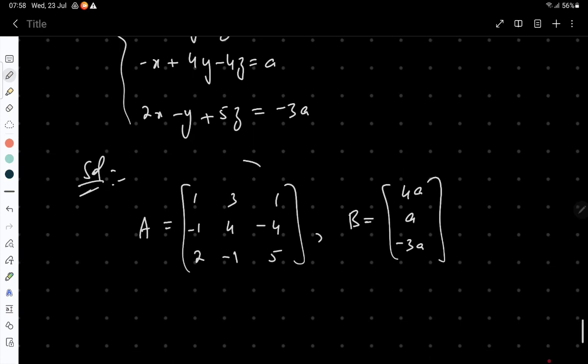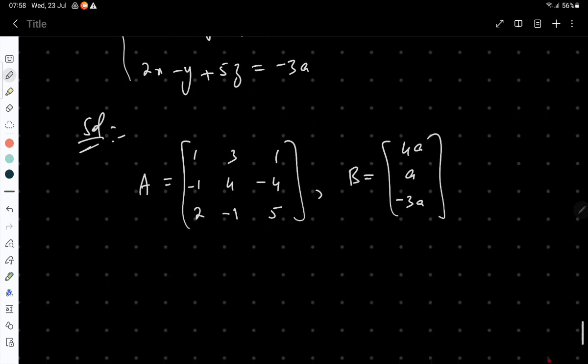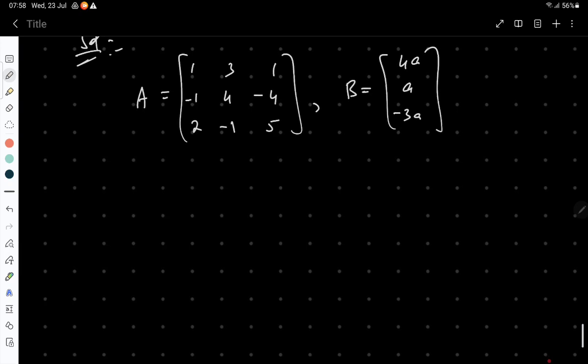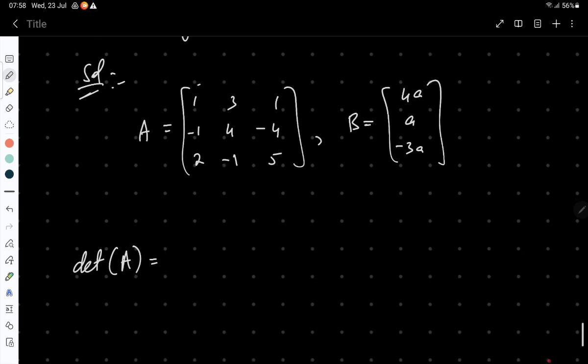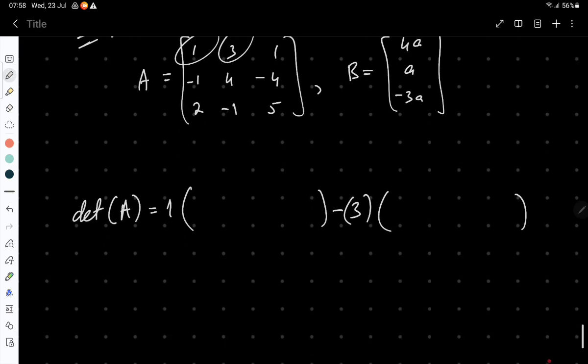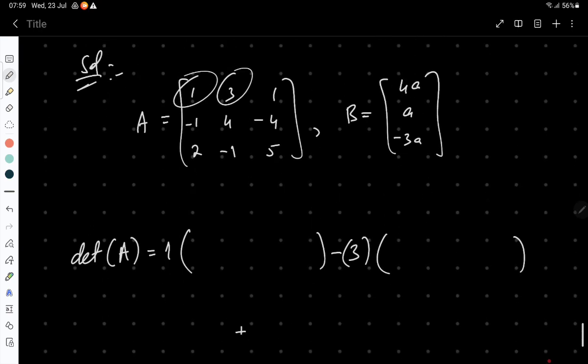So I will check whether the determinant of this matrix is 0 or not 0. So how to find the determinant of this matrix? I told you previously. First of all, you will write this value, then something, then minus, then this value, and then something, then plus the last value, and then something.